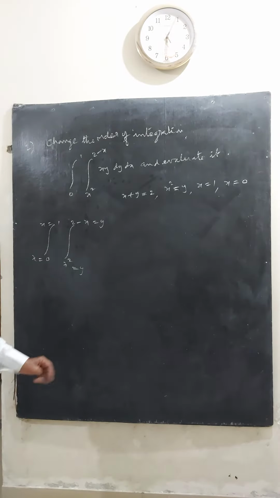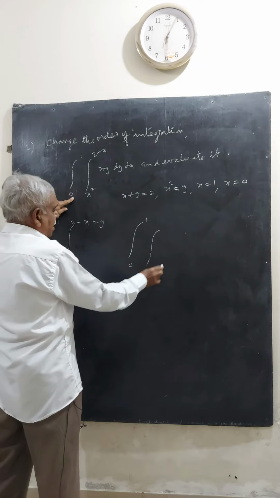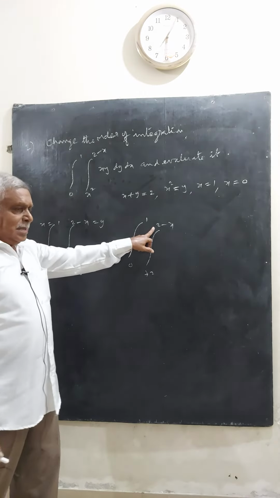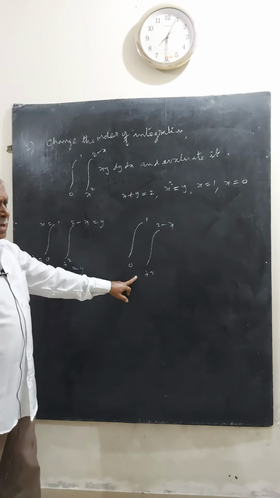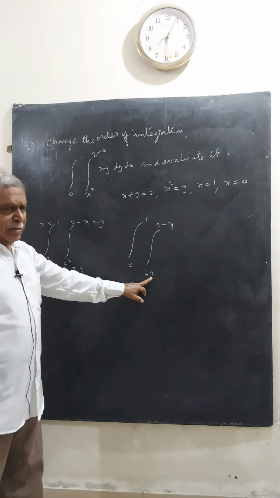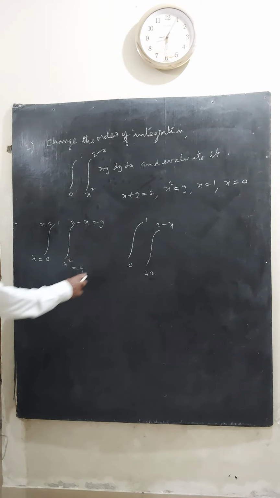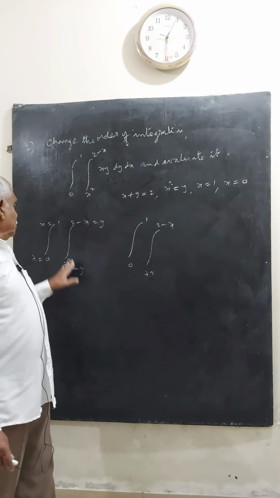Again I am telling, limits are 0 to 1, x squared to 2 minus x. If there are limits in x, immediately write it as y, remaining are x. 1, 2, 3, 4.